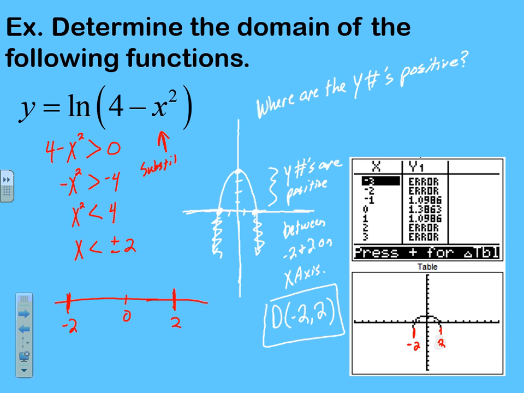Okay, so here's what we're going to do algebraically at this point. I'm going to substitute 0 into that function, just into the 4 minus x squared part.